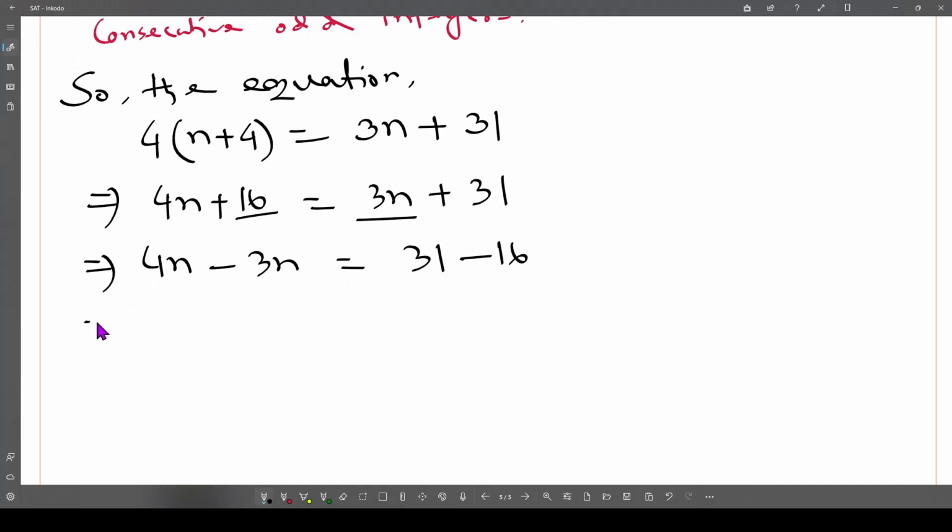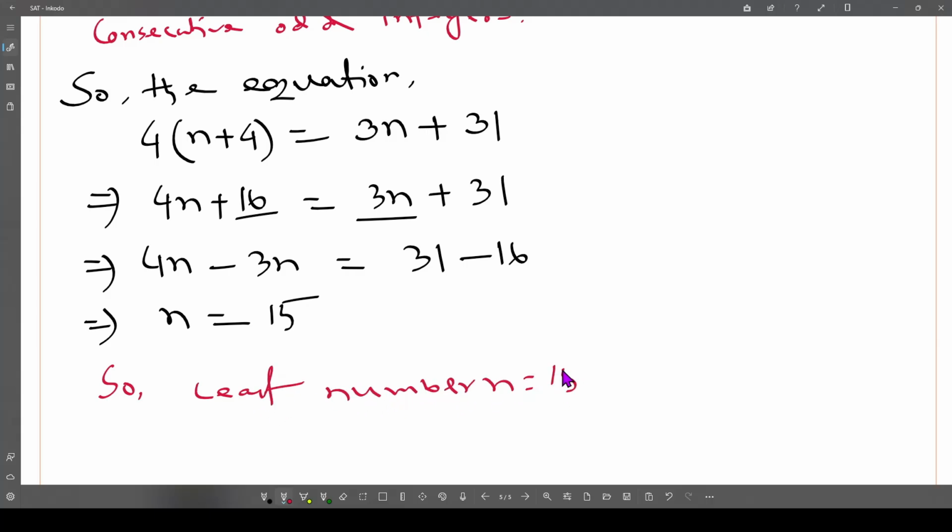Okay, then what? 4n minus 3n, it means n equals 31 minus 16, which is 15. Okay, so n equals 15. So the least number, n equals 15.